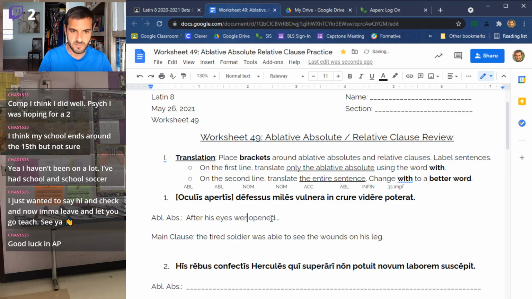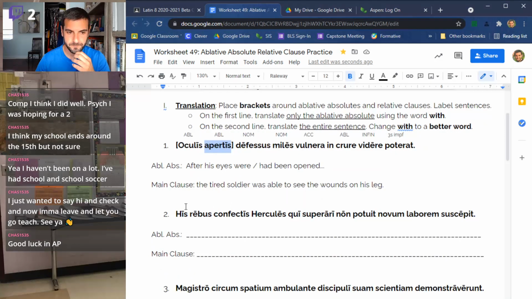We could say after his eyes were opened, after his eyes had been opened, something like that. You could also think of this as just an adjective and say, with his eyes open. That would also work. With his eyes open, the soldier was able to see the wounds on his leg. Any of those work for me.